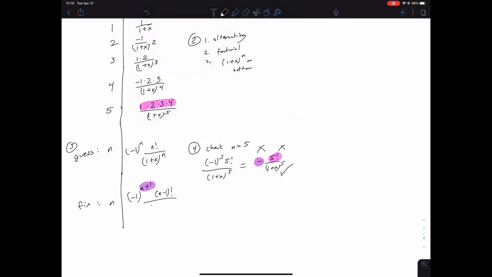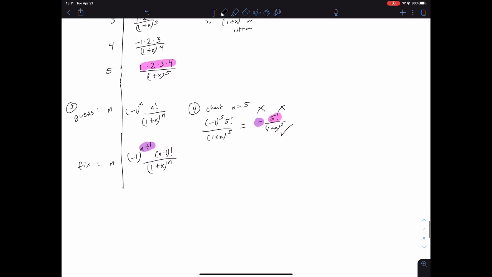The bottom was right, so I leave it. So when I saw that the sign was wrong, I changed the alternation from n to n plus 1. And then when I saw that this was an n factorial, it should have been a 4 when I had a 5. So if I want to plug in 5 and get 4, I have n minus 1 factorial. These two match. Cool.